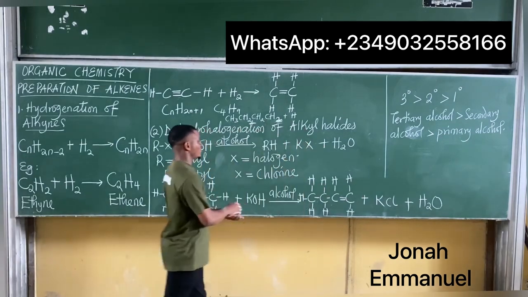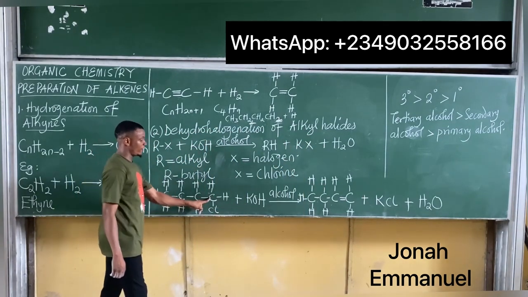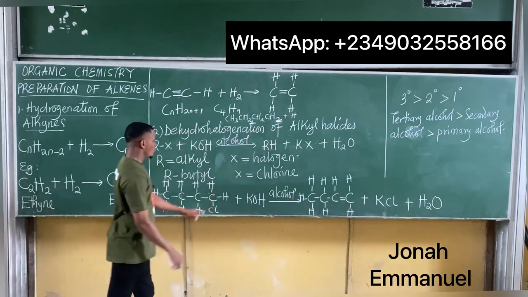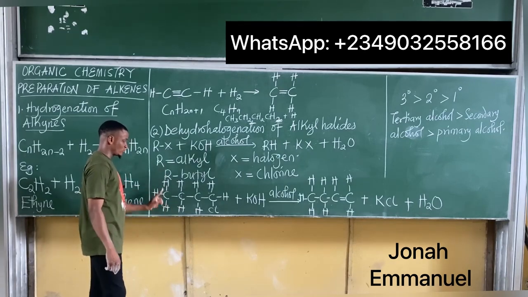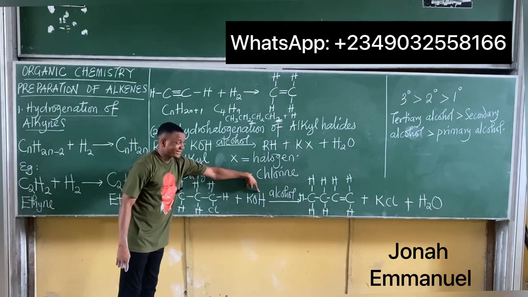So if you check this, look up please. Everything here is balanced. 1 2 3 4, 4 carbon. I'm having 1 2 3 4, 4 carbon. Look at hydrogen. I'm having in total here 1 2 3 4 5 6 7 8 9, this one here 10.